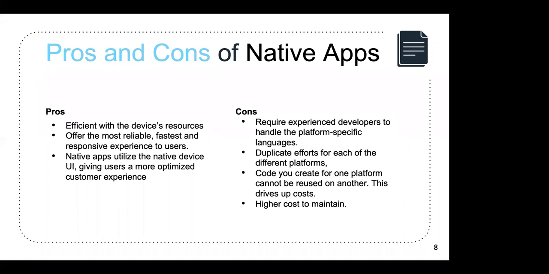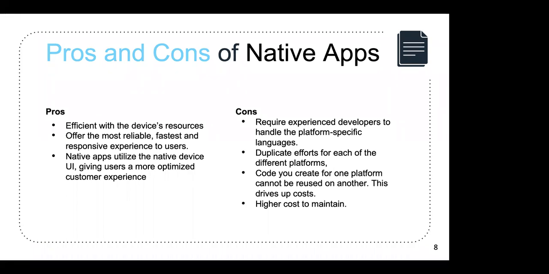When it comes to cons, native applications require experienced developers to handle the platform-specific languages. As an example, there are some developers who specialize in building applications for Android, and then there are some developers who are experts in building iOS applications.